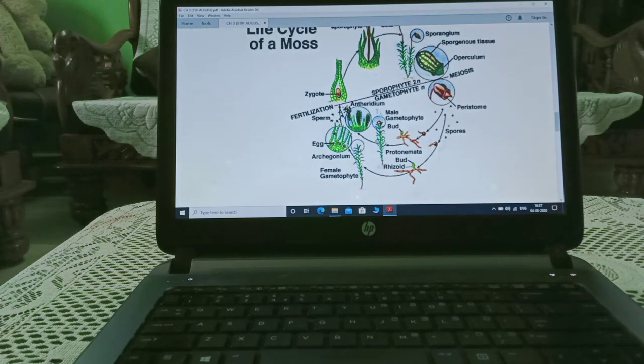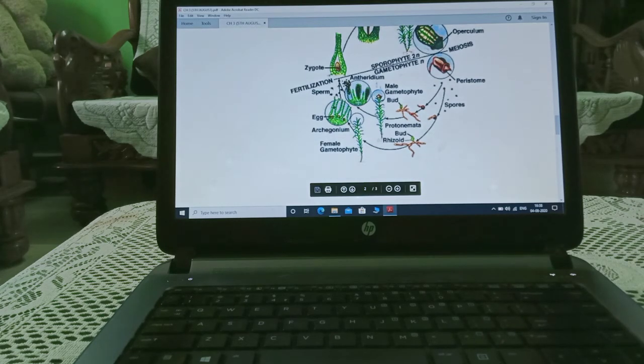Release of male and female gametophyte. The male gametophyte is known as antheridia. The female gametophyte is known as archegonia. Archegonia will form ova and antheridium will form sperm.